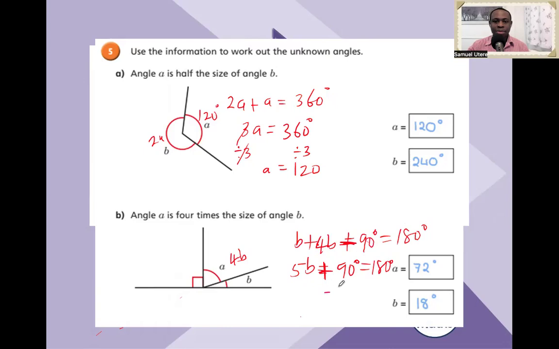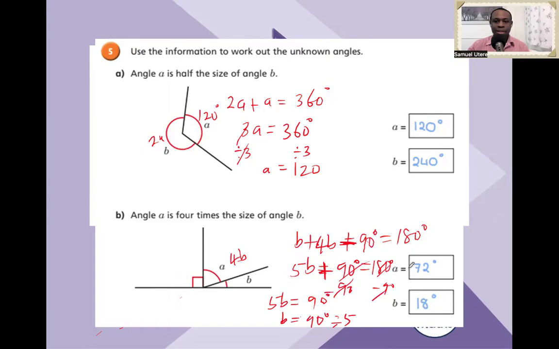Now, you subtract 90 from both sides. So 5B will be equal to 90 degrees. B will be 90 degrees divided by 5, which will give you 18, all right?